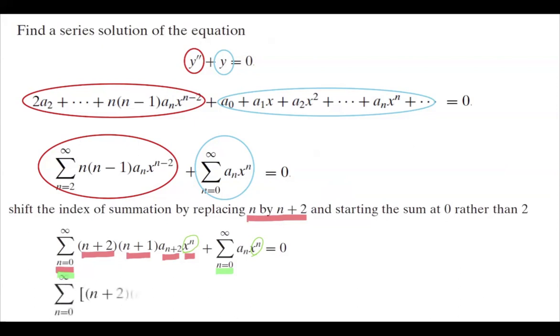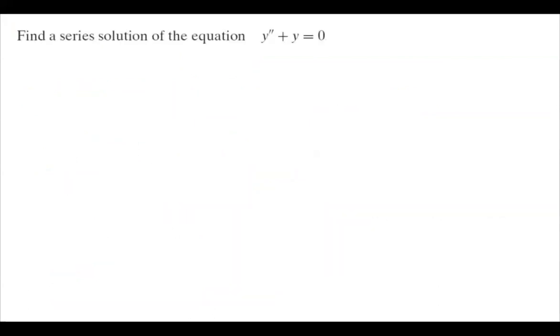So you get the summation of n plus 2 times n plus 1, a_(n+2) plus a_n. We just factored out x to the n, right? And you set it equal to 0. So far we saw that the summation of (n plus 2)(n plus 1) a_(n+2) plus a_n, times x to the n, starting at 0 to infinity, is equal to 0.